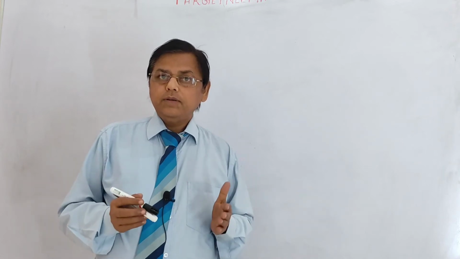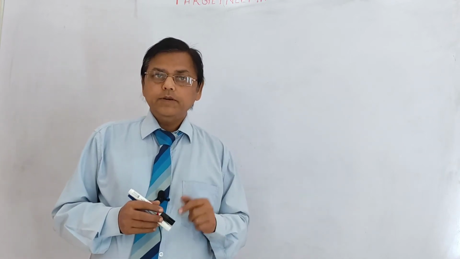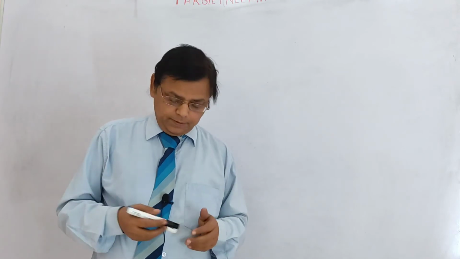So let us see what is the least distance between a real object and real image formed by a convex lens.